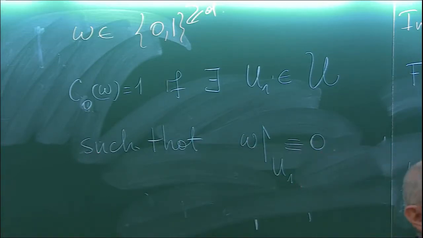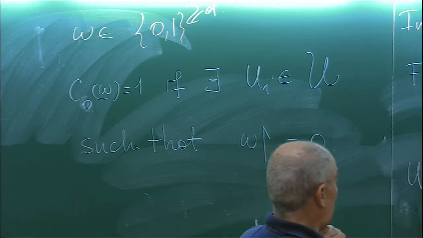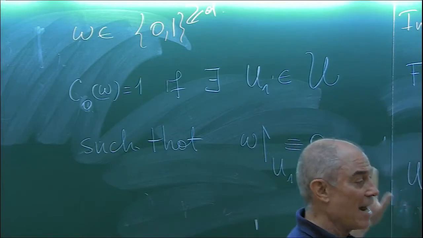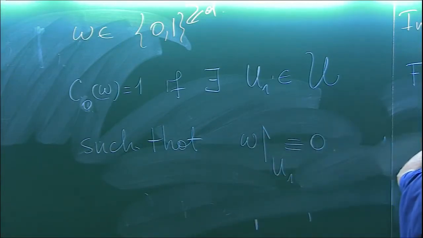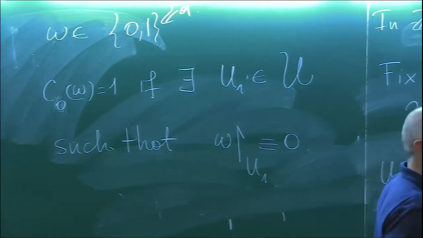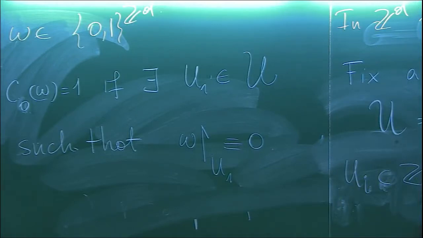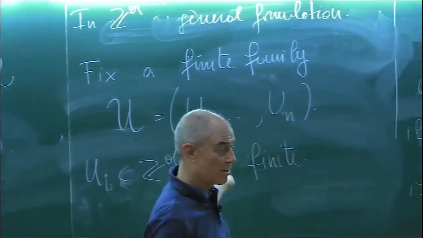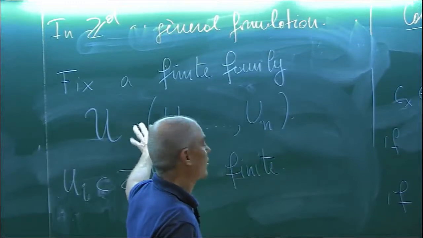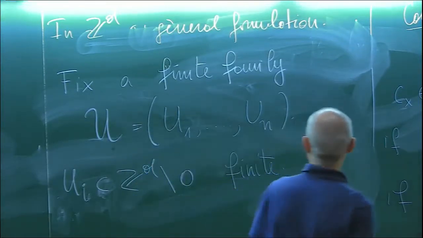So they're translation invariant. This is a general class, and everything depends on this update family, and then you would like to study the corresponding model. The topic of the Saturday talk will be a universality result for this model according to certain geometric features of this family.